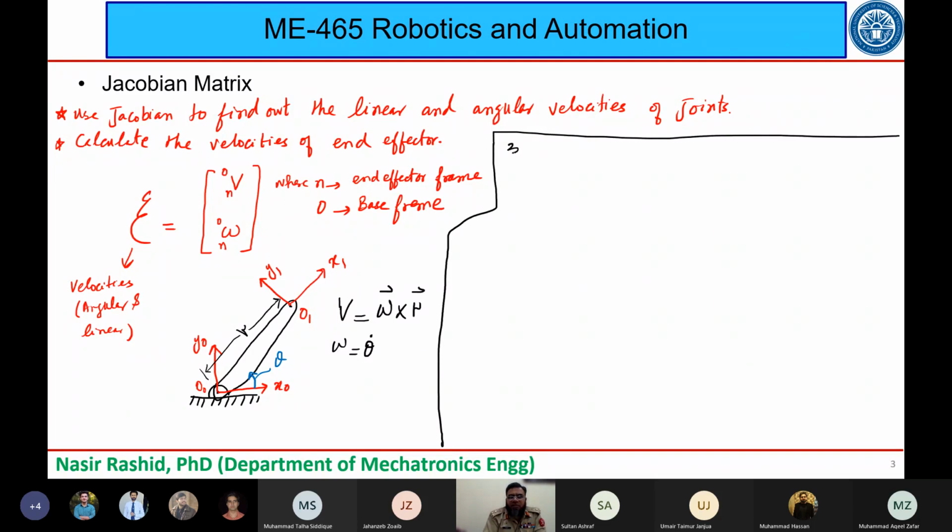Our chi vector, let me write it down here again, which we had mentioned is going to have 2 components: the linear velocity component of the end effector with respect to the base frame, and the angular velocity component of the end effector with respect to the base.